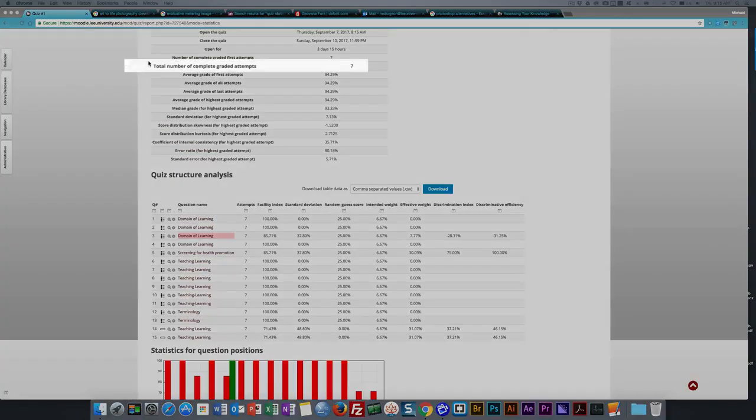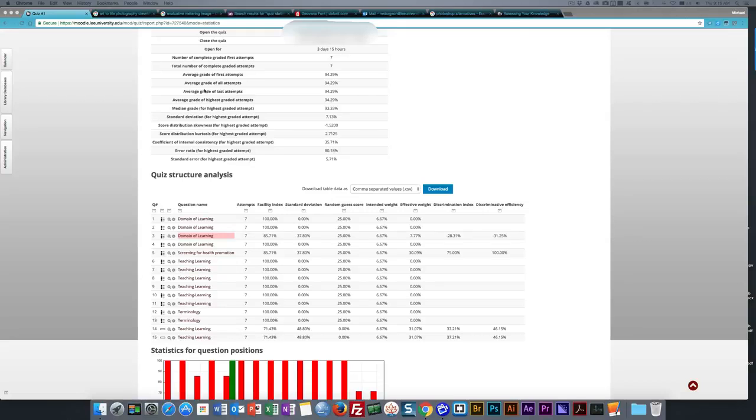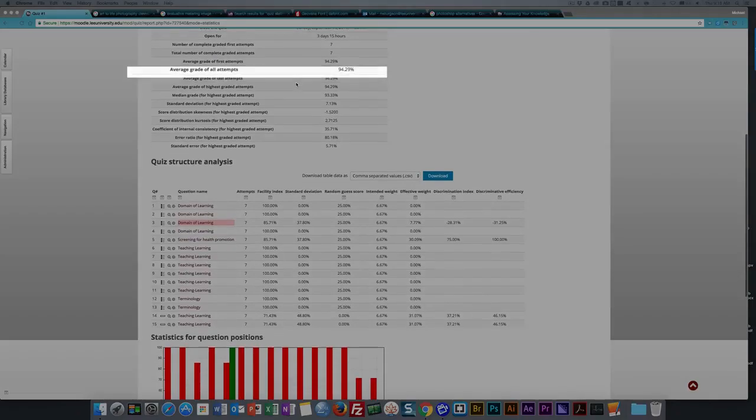The number of complete graded attempts, 7. There were 7 students, and there were 7 attempts. When you have a number as low as 7, it's much more difficult. However, keeping that aside, let's go ahead and look at the average grade of first attempts.